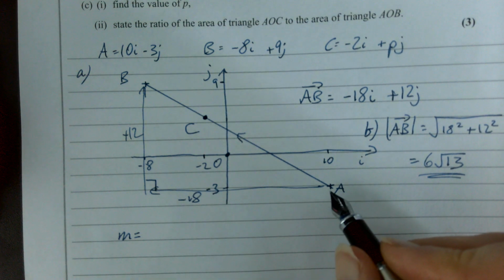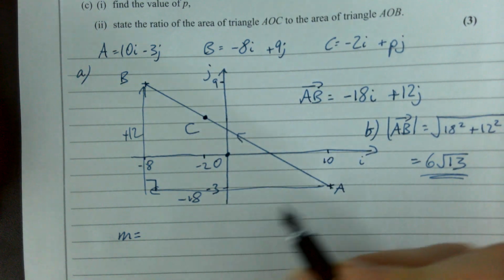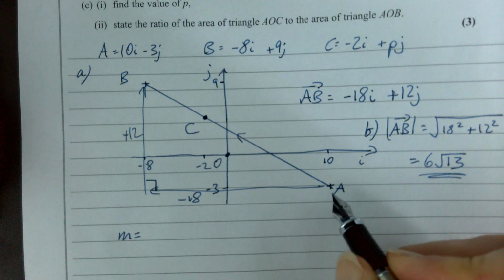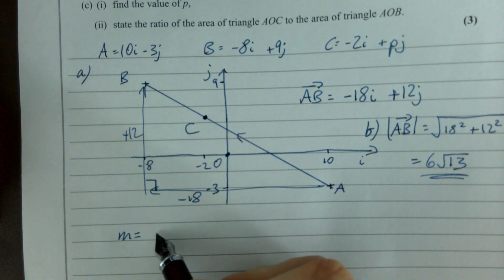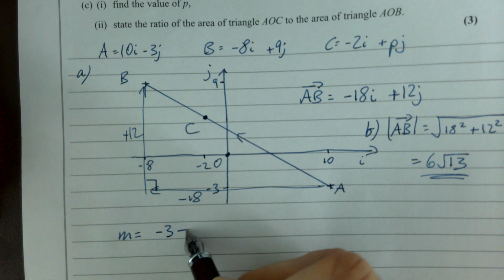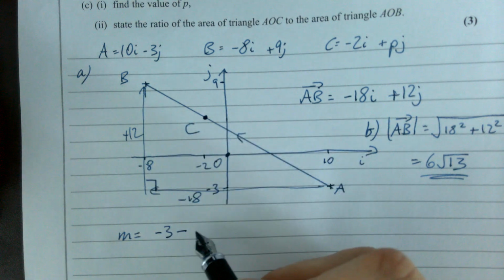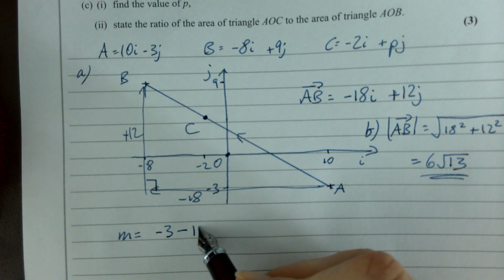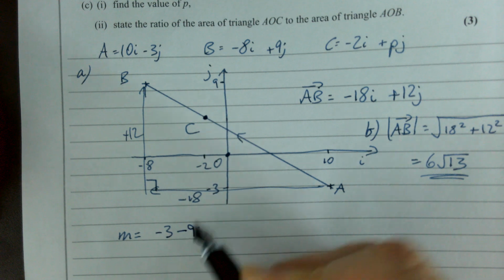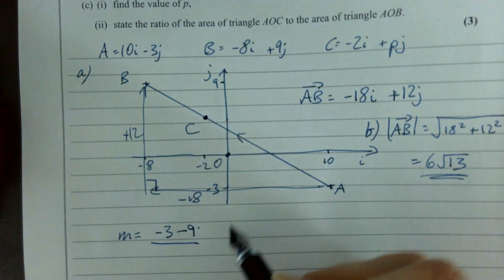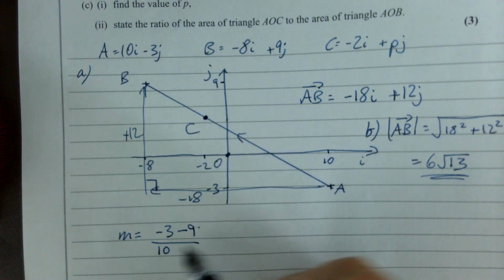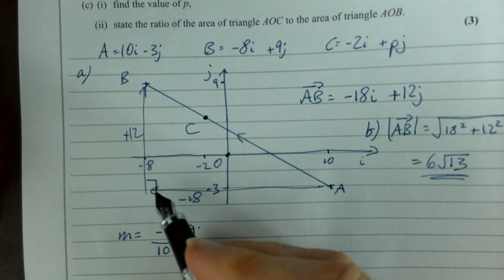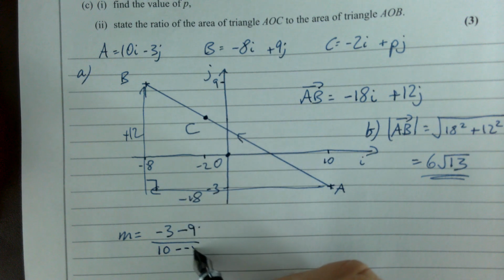is going to be the change in y, which is, going from this point here, the y is negative 3, take 9, because that's where we are there, yep. And then on the bottom, we've got 10, always using the same point first, take negative 8.